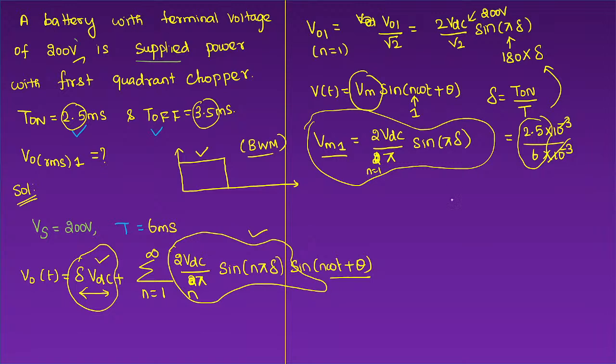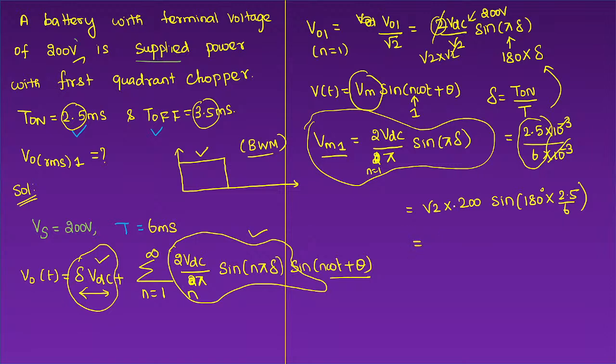That's all. If you reduce this expression, you'll be getting 2 by root 2. This 2 can be written as root 2 into root 2. One root 2 will get cancelled here. So further we can write root 2 times VDC equal to 200 volts into sine of pi, its equivalent degree value is 180 degrees into 2.5 upon 6. It is in degrees.